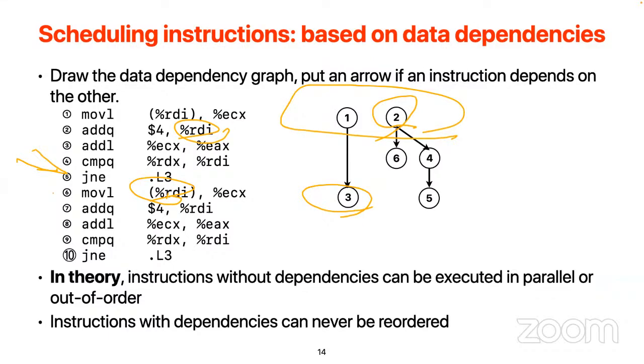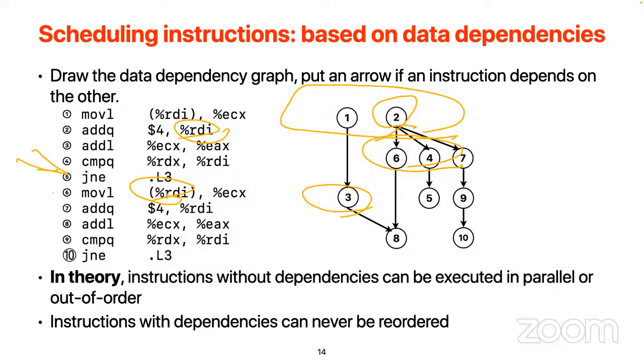And instructions 6 and 4 can execute together after instruction 2; they don't have to depend on 1. If you continue this analysis, instruction 7 is also depending on instruction 2, and instruction 8 will be depending on both instruction 6 and 3. Gradually, you can have some analysis regarding their relationship.